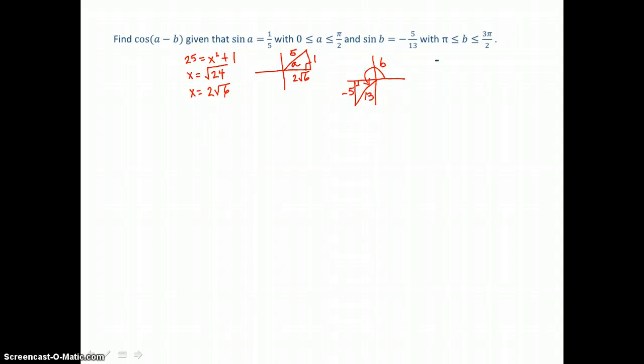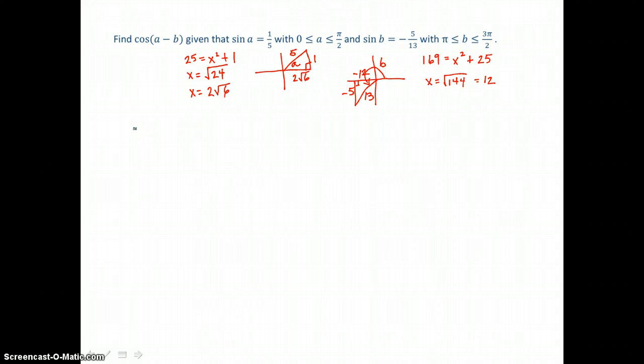So now I need to find a missing leg again. 13 squared is 169. That's equal to negative 5 squared, which is 25, plus x squared. And x then is going to equal the square root of 169 take away 25, which is 144, or 12. And it's going to be negative 12 in the third quadrant.